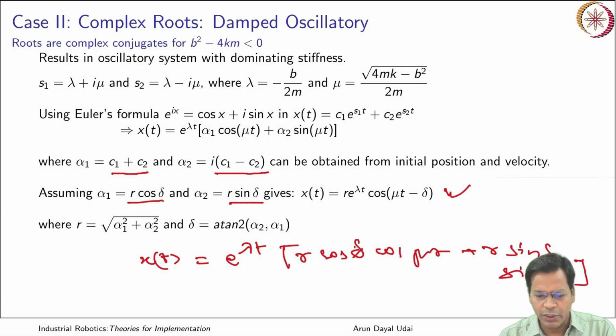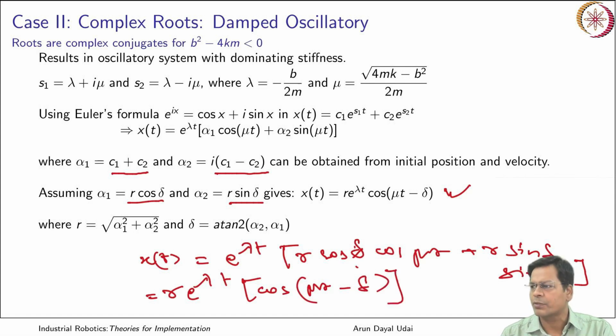So you can bring out your r, that goes as e to the power lambda t. Inside you see cos delta cos mu t plus sin delta sin mu t, which can be written as cos of mu t minus delta. Those are simple trigonometrical substitutions.